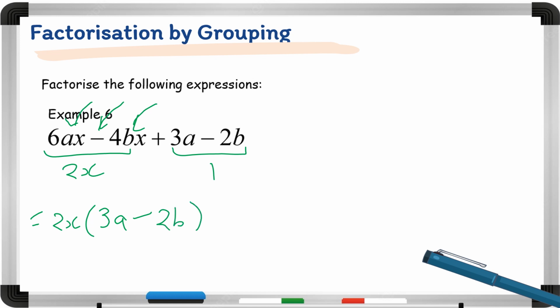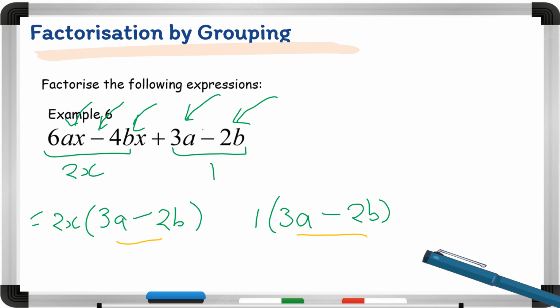Again, do not worry about the sign, but let's just do the factorization. 3a divided by 1 will be 3a. 2b divided by 1 will be 2b. Remember, we say that the two brackets must have the same sign. So we will have 3a minus 2b.